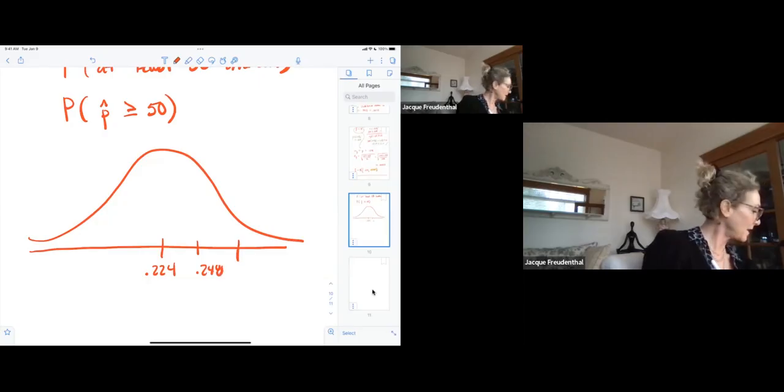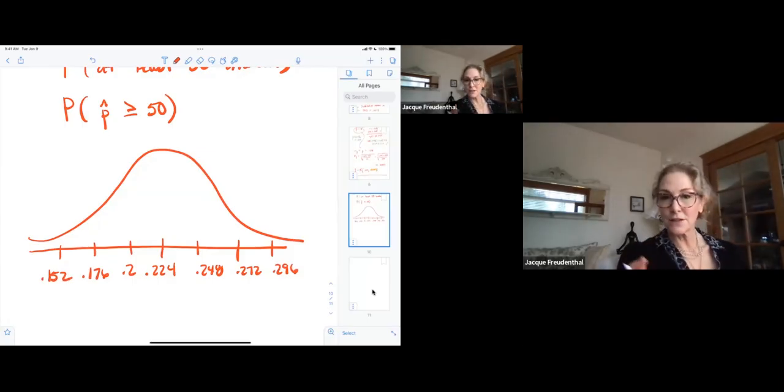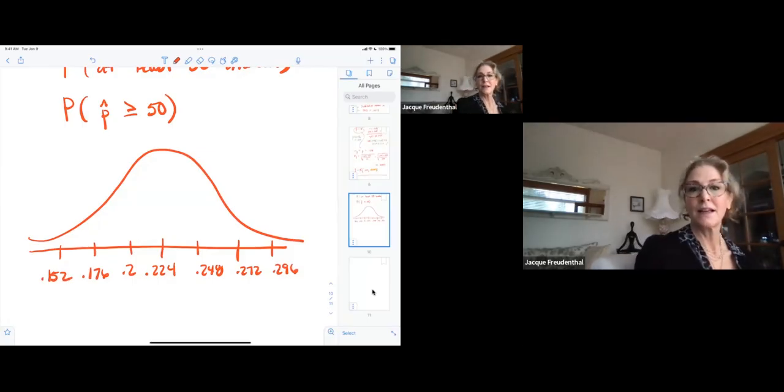Got another standard deviation, add the 0.024, 0.272, and then 0.296. Subtracting the standard deviations to the left: 0.2, 0.176, 0.152. Okay, so just to give me a sense of where this is.